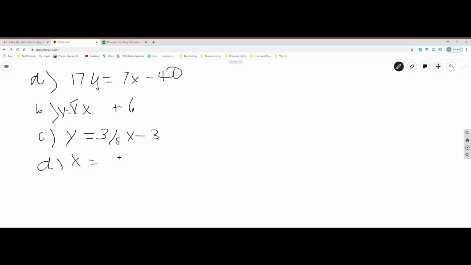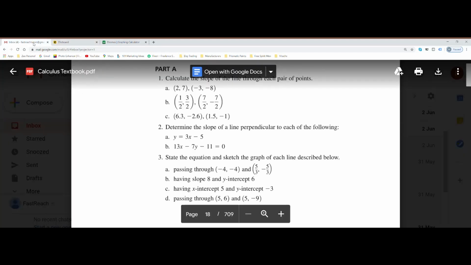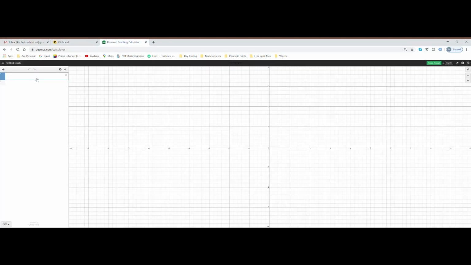Well, let's do the easy one first, which is x equals 3. So what are the points? We have 5 and 0. Oh, sorry, no, it would be 5 and 1.